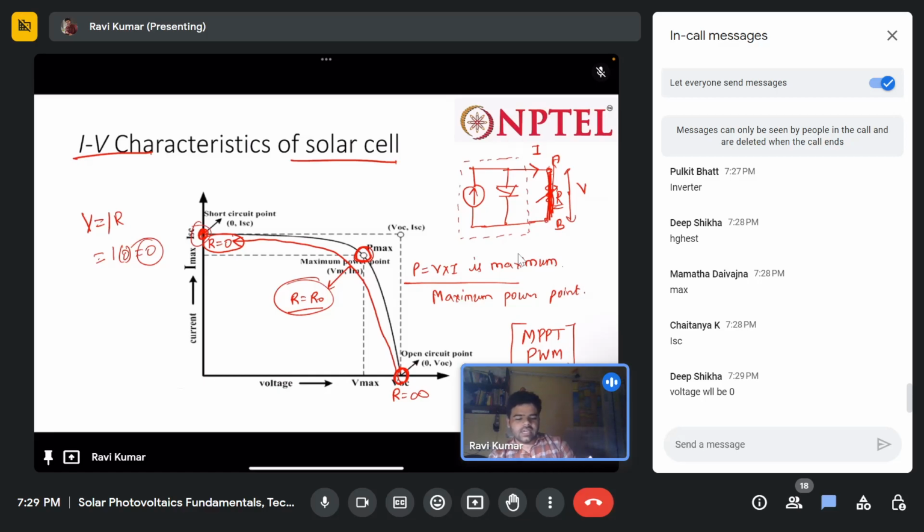So these are the three things: VOC, ISC and Pmax. These are the three parameters which are used to see the condition of a solar cell, if it is working fine or not. Here another thing comes, the fill factor.